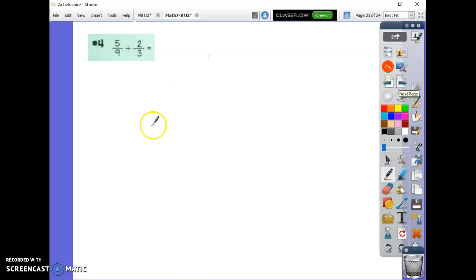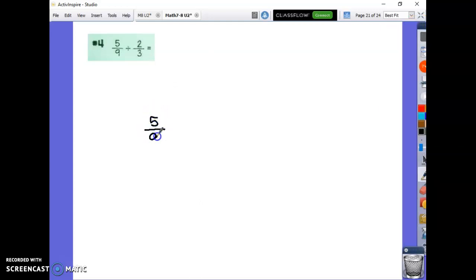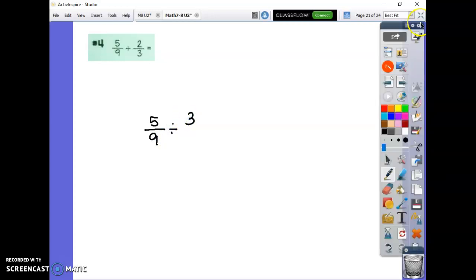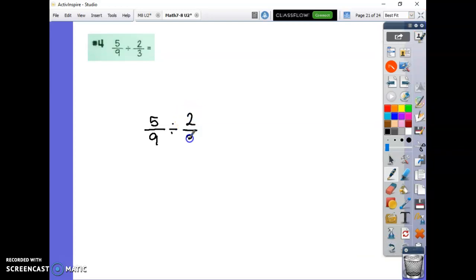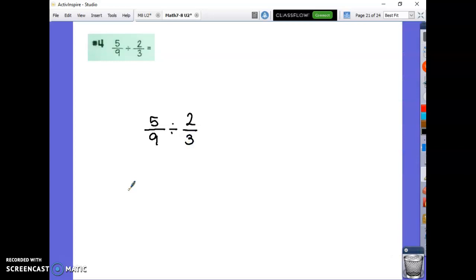Now 5/9 divided by 2/3. Remember, we're going to keep, change, flip. So keep that first fraction the same, 5/9.